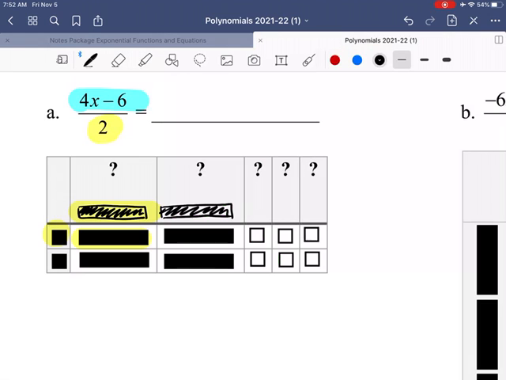And then what times 1, let's see if I can just erase the highlighting portion here. There we go. What times 1 will give you negative 1? And that something has to be a negative 1. So after we've divided, the result becomes our answer. So 2x minus 3.